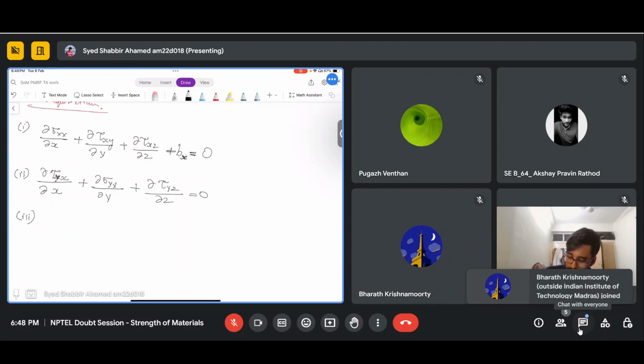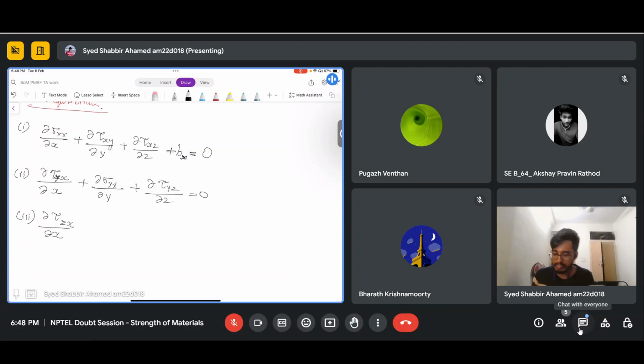And the last force equilibrium equation would be ∂τzx/∂x plus ∂τzy/∂y plus ∂σzz/∂z.